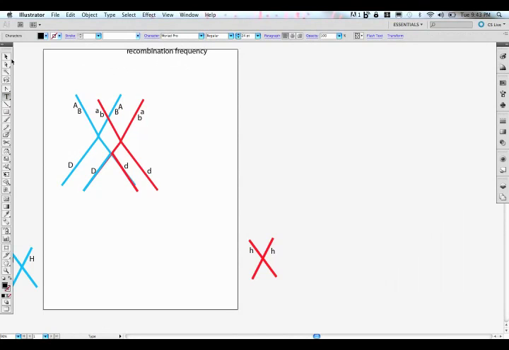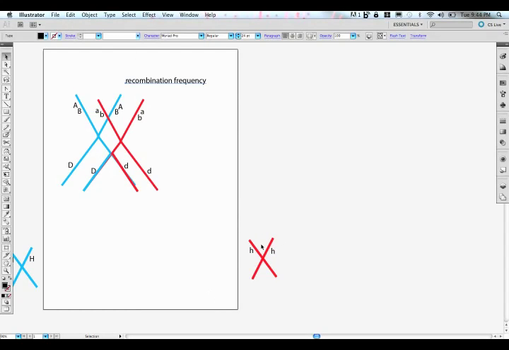The recombination frequency is very low between A and B because they're close together. The recombination frequency is higher between B and D, and it would be even higher between A and D because they're even further apart. So the further apart they are, the more they recombine.